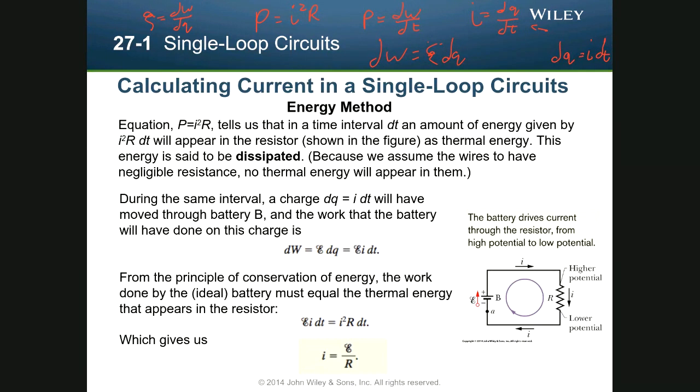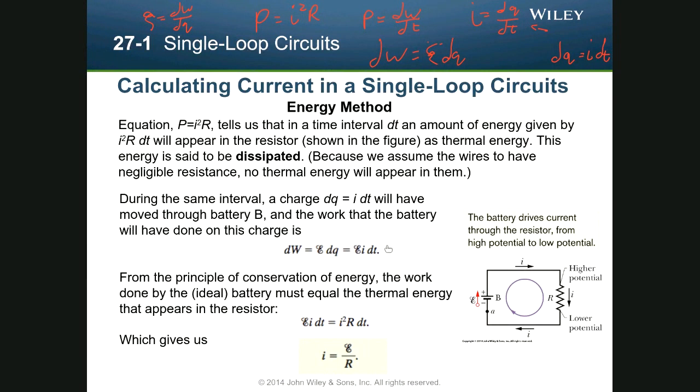All right, now looking at this, using our transitive properties, we can see that dW will equal squiggle dq, which will also equal squiggle I dt, right?